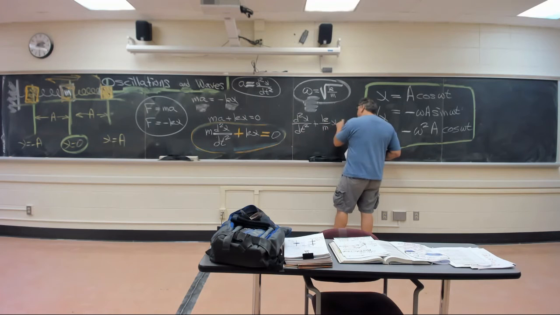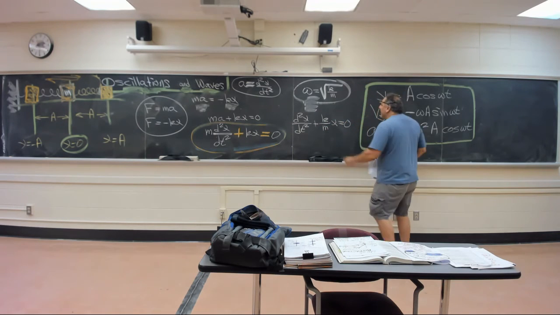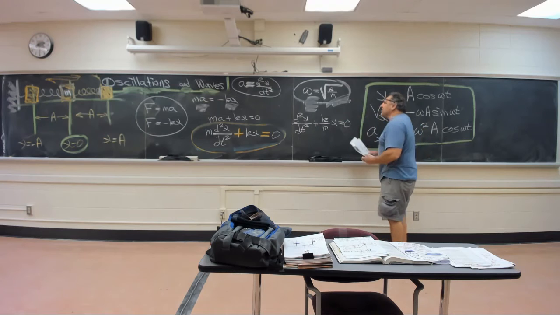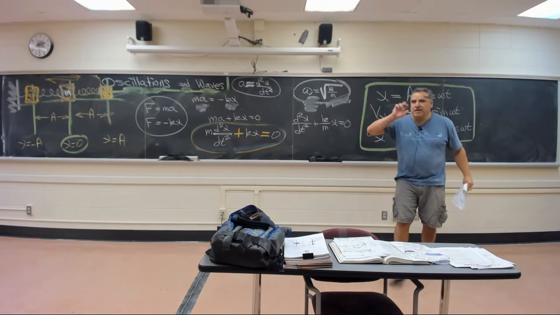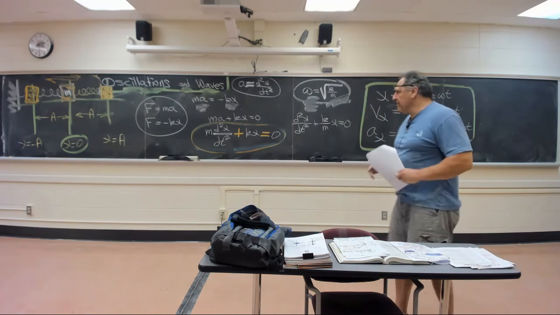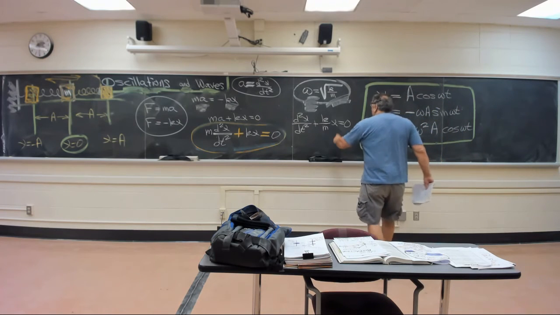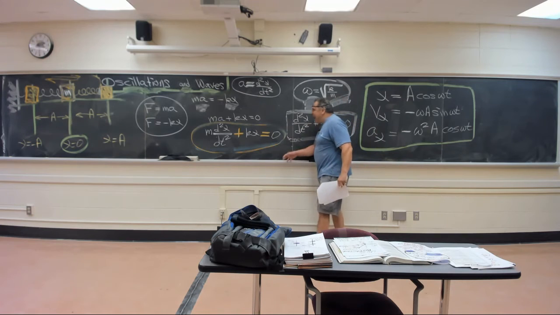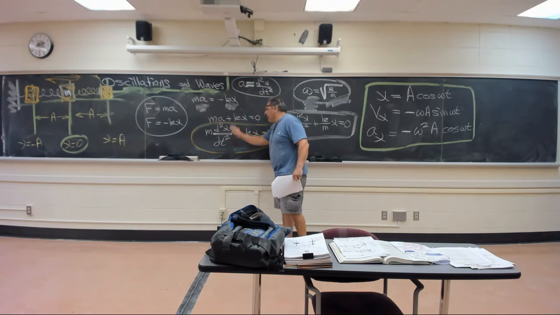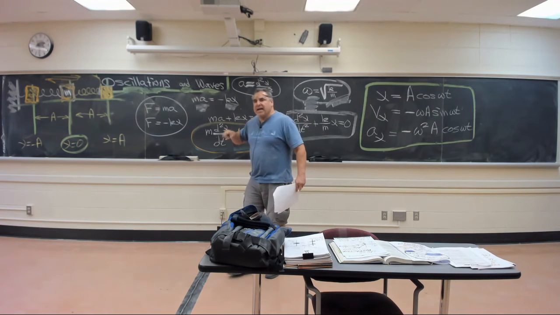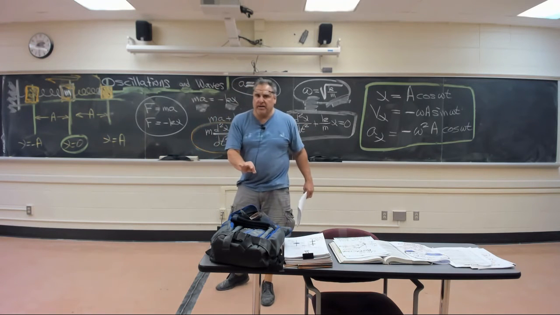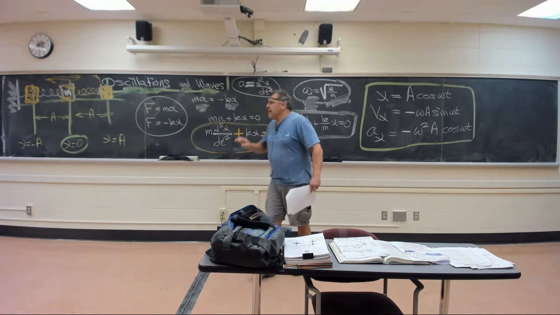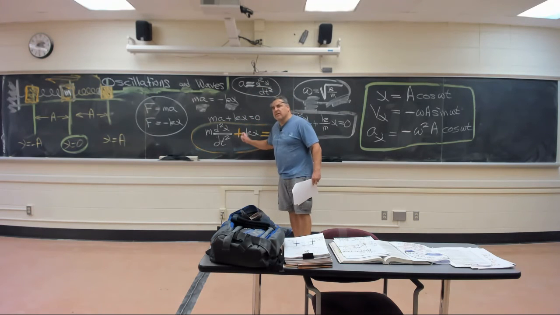Okay, that k over m is kind of staring me in the face because I jumped the gun earlier and said square root of k over m. So maybe there's a connection here. Right here, you get this. I want to make this very clear, guys. I can make equations not verbatim, letter for letter, the same as this equation, but I can make equations that are essentially mathematically identical to this equation.